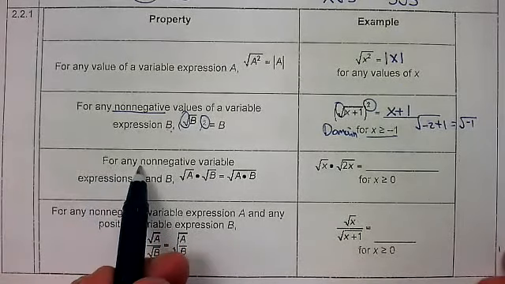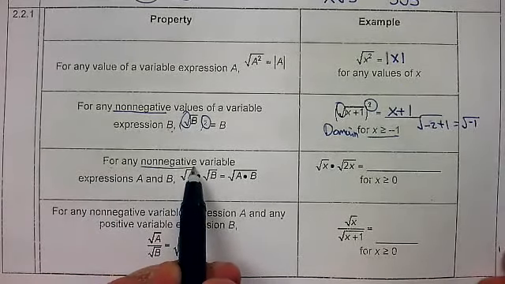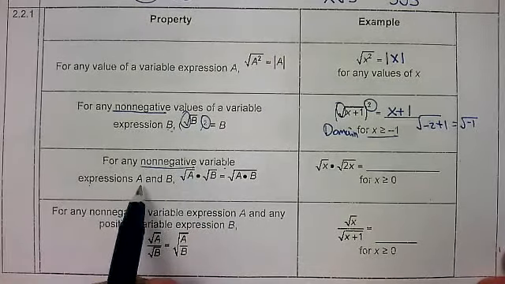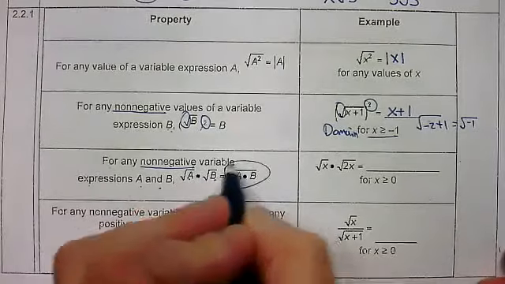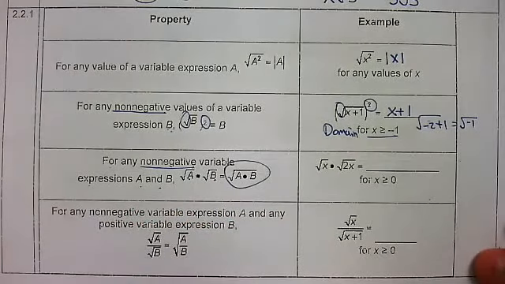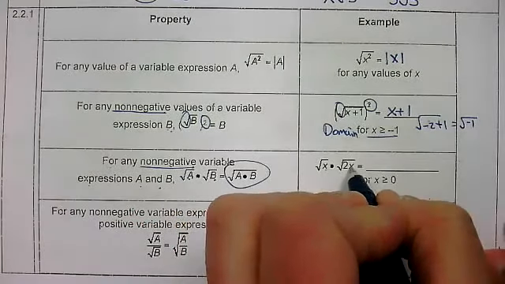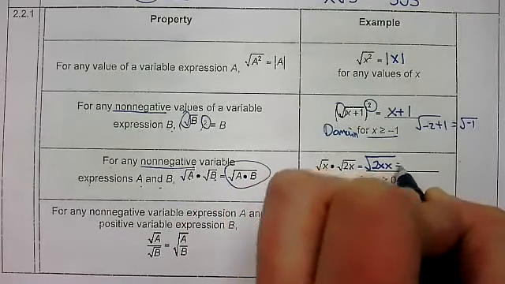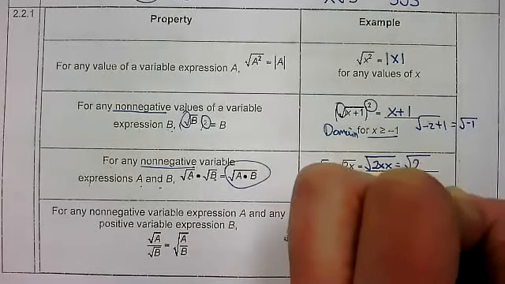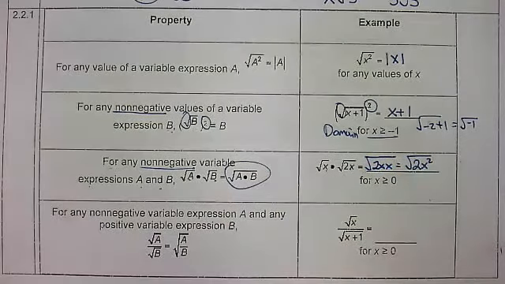Same thing for any non-negative variable expressions a and b: if you multiply them together, you can just rewrite them under the same radical. So the square root of x times the square root of 2x would be the square root of x times 2x, which is the square root of 2x squared.